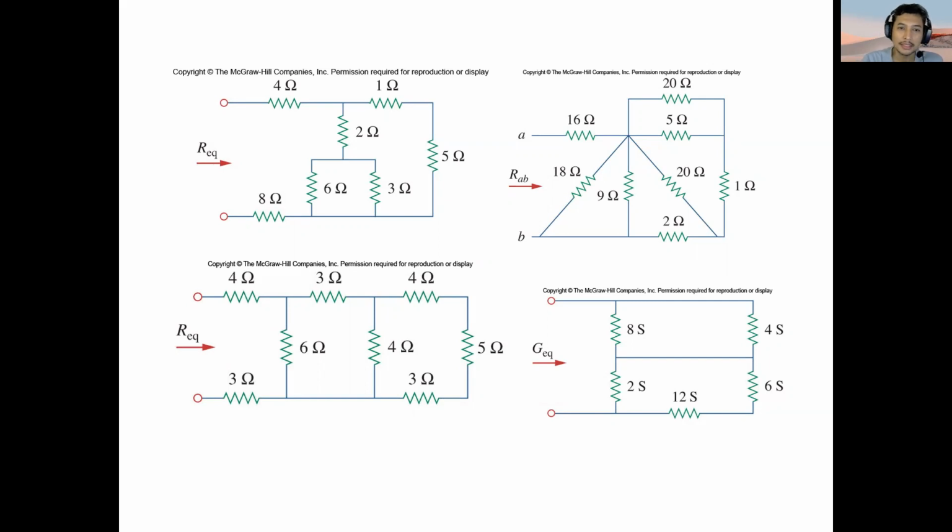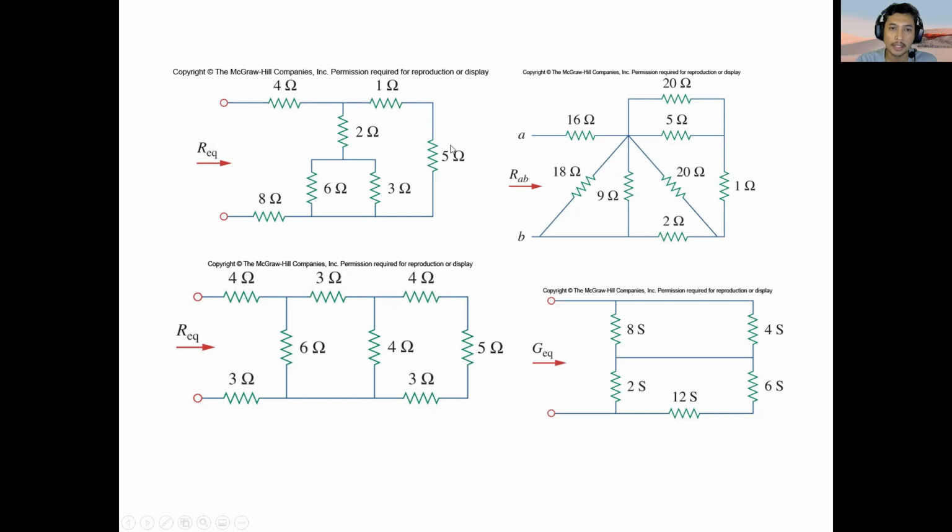As I said before, this is equal to the exercise that we have done. Inside the circuits, there are a lot of series and parallel connections. So to analyze the circuit, you need to know which resistors are in series and which resistors are in parallel.